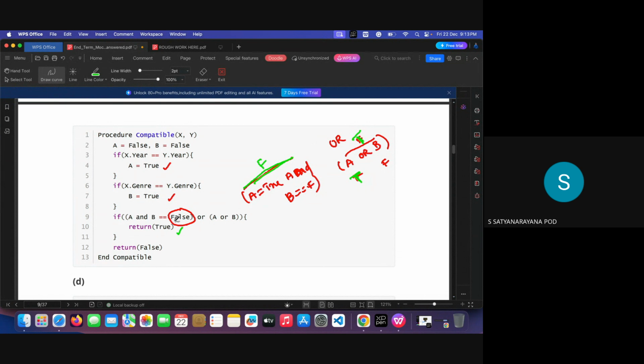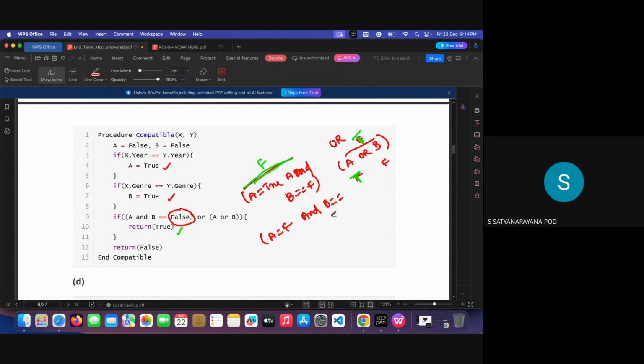This is one case: the year is same but the gender is different. Let me consider that the year is different and the gender is same, to see whether this option works for this one also. Year is different means A will become false. Same option, A is false and B is true.